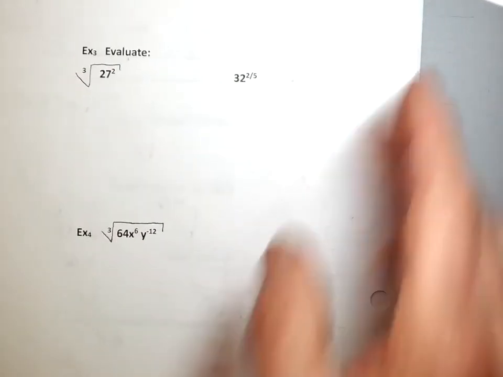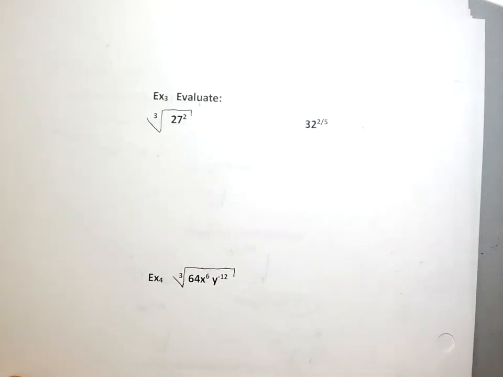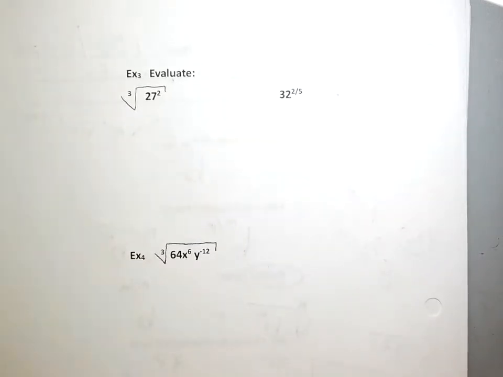Now, example 3, we're going to evaluate. So, I'm going to give you some really good advice on these. Take the root first. It can be done 2 ways. I could go, what's 27 squared? I don't know. And then I get this big number. And then I've got to take the cube root of it. My head's hurting. Or, let's just make it easy.